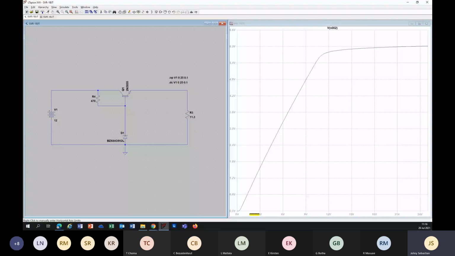And what is on the y-axis is the output voltage at that point. From 0, output voltage is 0, and it keeps on incrementing with input voltage, almost like a straight line. And when the input reaches around, what is that voltage?